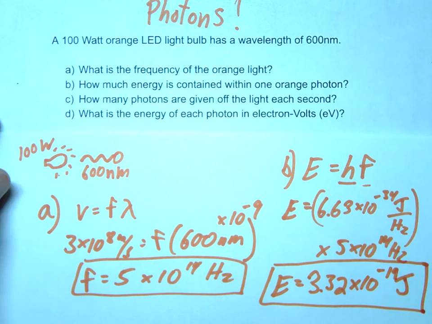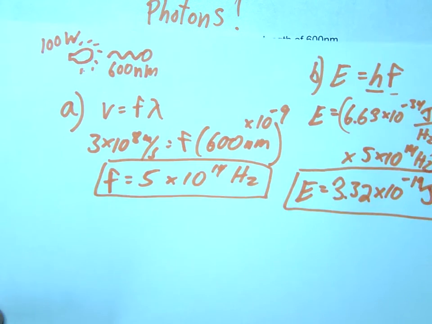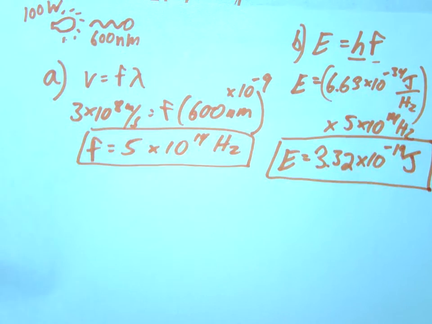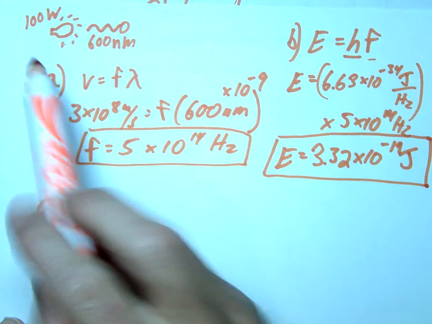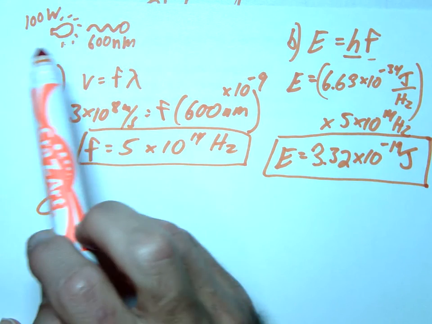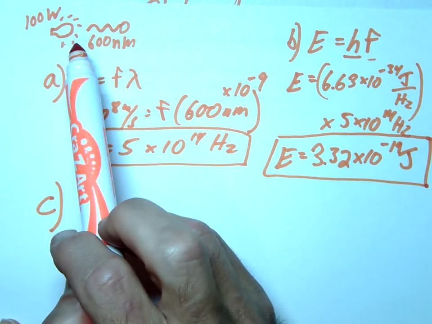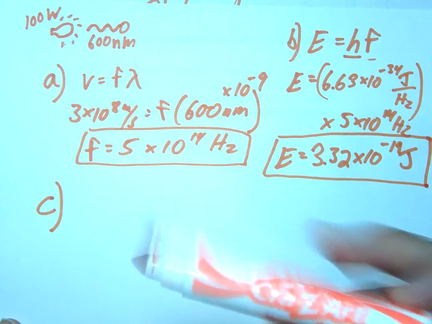Alright, how many photons are given off in each second? So letter C, what we're going to do for letter C is say, well, the light bulb was 100 watts. Now we're just going to go ahead and make an assumption that it's 100% efficient, so all the light given off is this 100 watts.